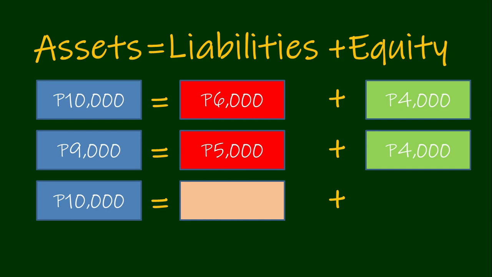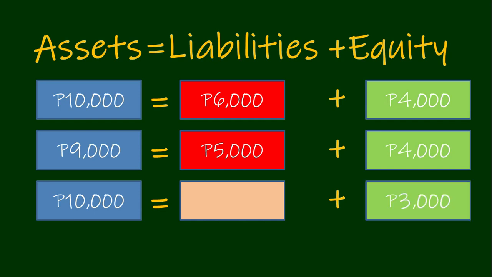If total assets is 10,000 and total equity is 3,000, how much is total liabilities? And the answer? 7,000. Great! As you can see, the equation always balances. No exceptions. It always balances.